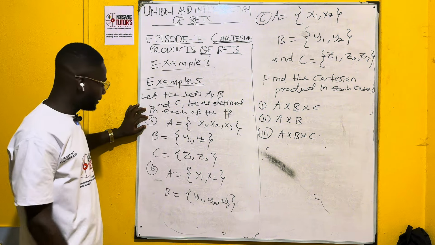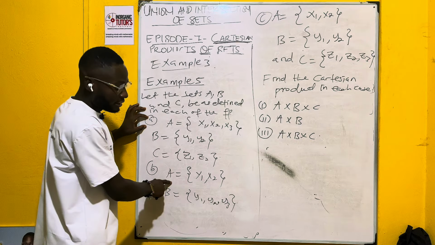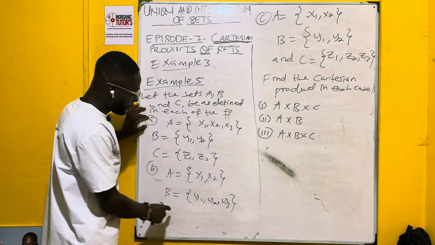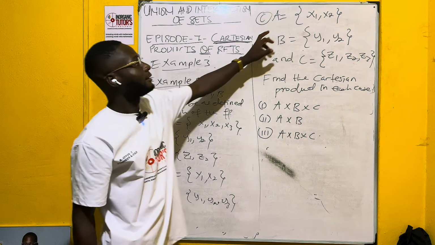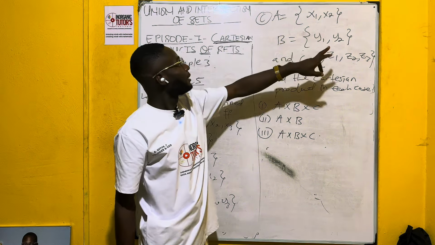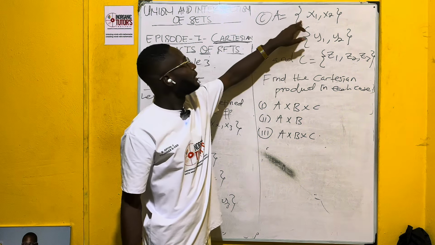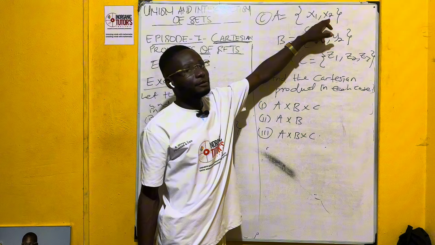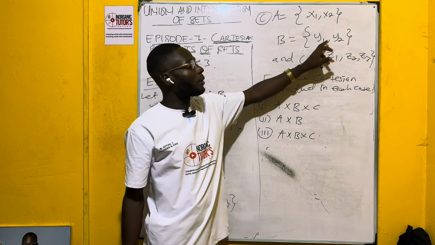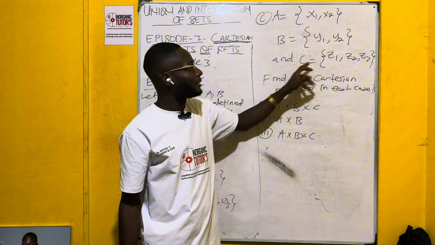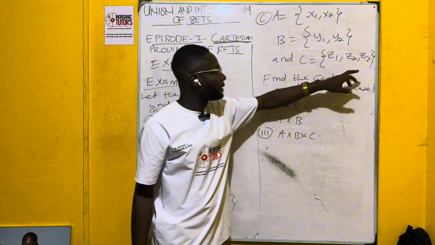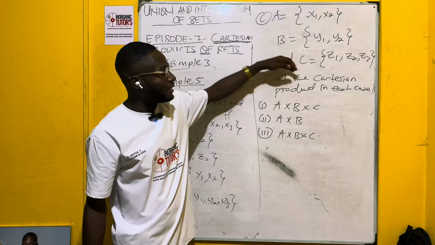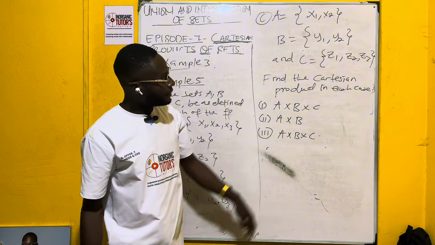For (ii), A is equal to x1, x2, B is equal to y1, y2, y3, and C is z1, z2. For (iii), A is equal to x1, x2, B is equal to y1, y2, and C we have z1, z2, z3. Now, we want to find the Cartesian product in each case, right?